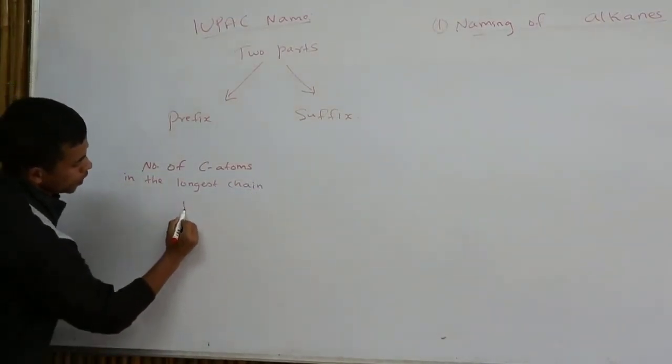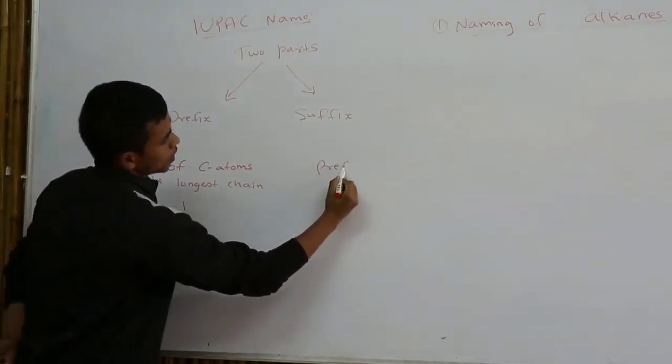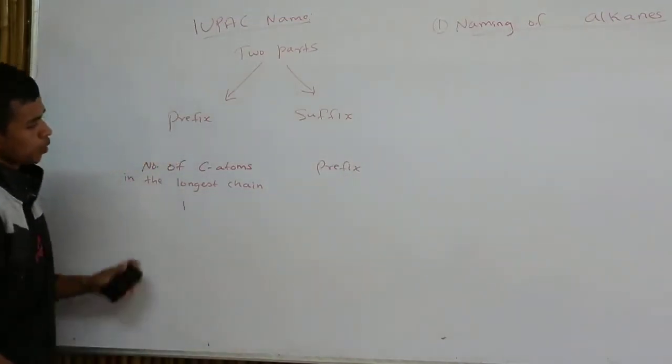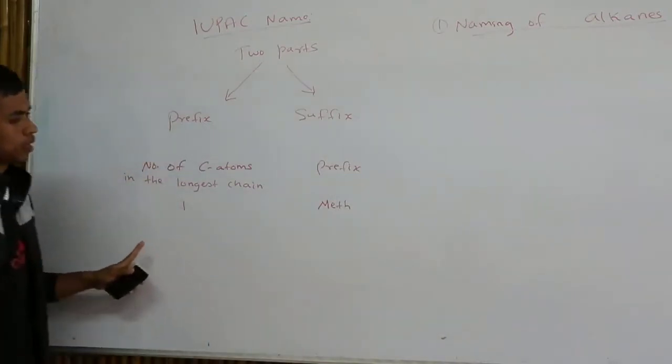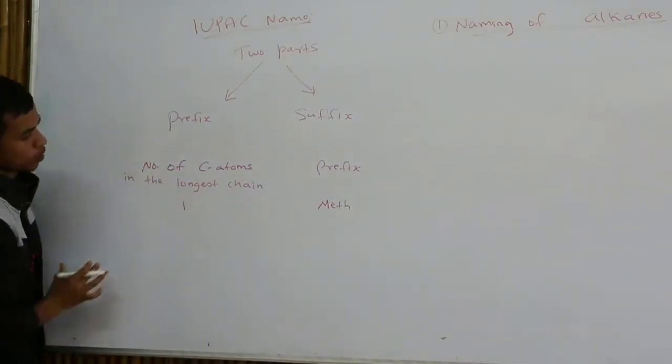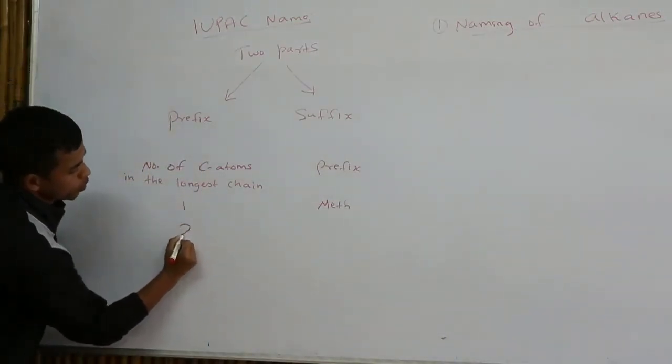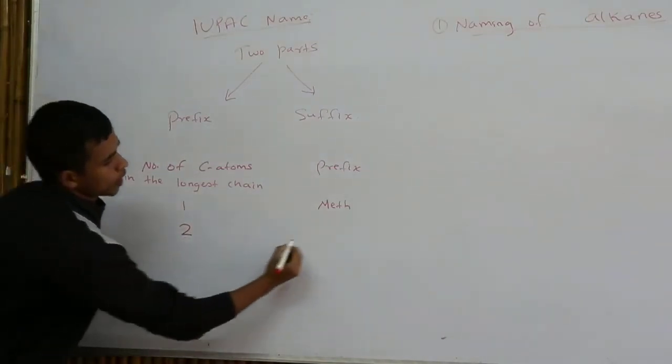is 1, then we will have to start the name with the prefix, which we call meth. And if the number of carbon atoms in the longest chain is 2, then the prefix would be eth.